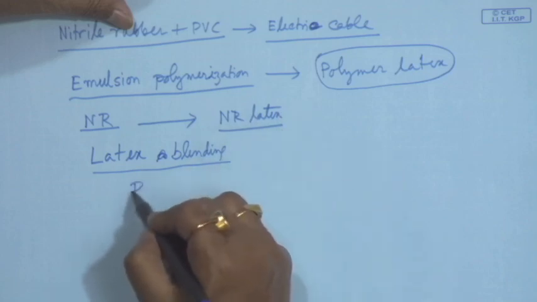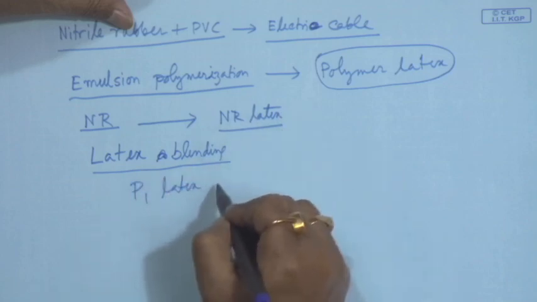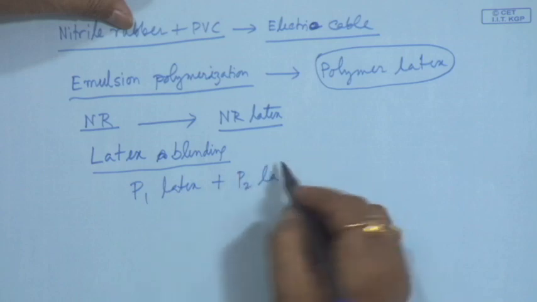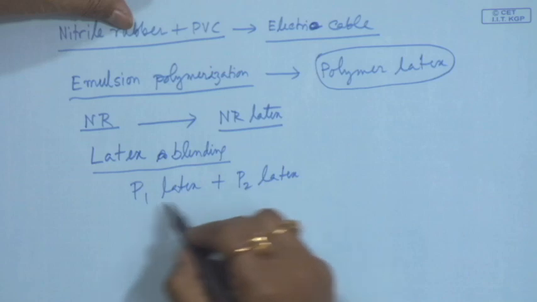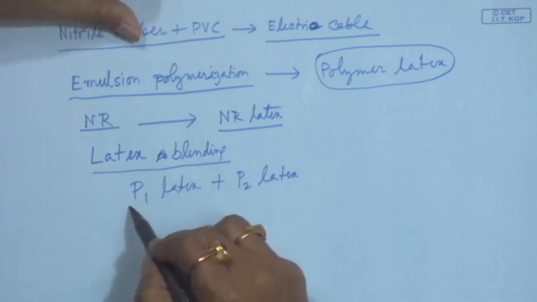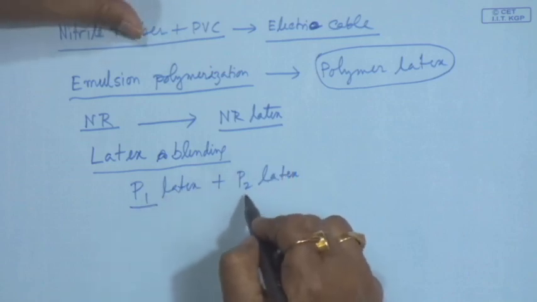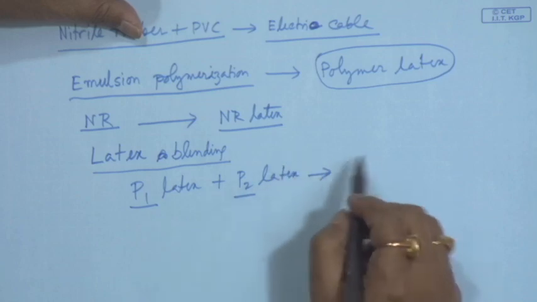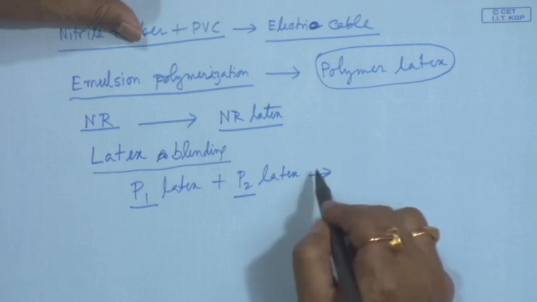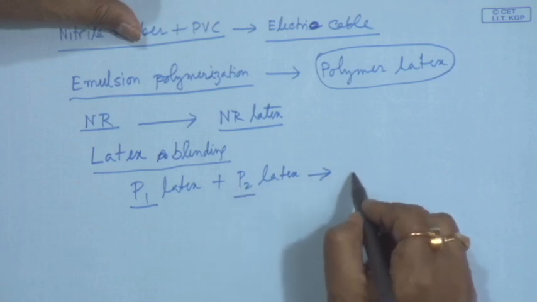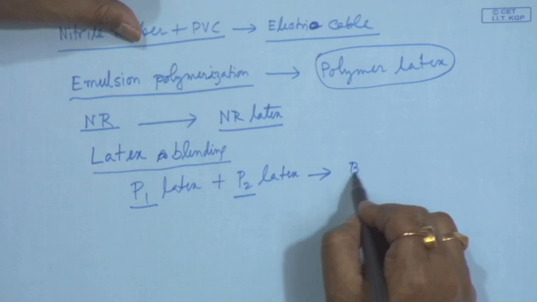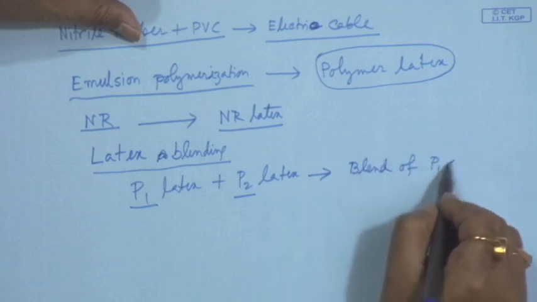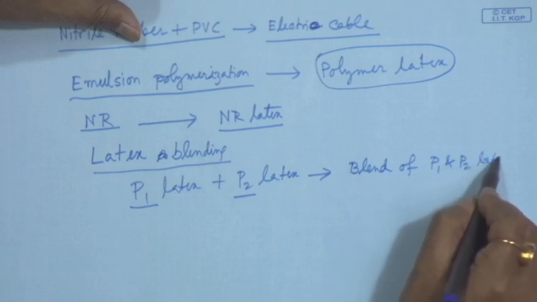That means we can have a P1 latex, and we can mix this P1 latex with the P2 latex. The emulsion of P1 polymer can be mixed with the emulsion of P2 polymer. Then after mixing in the latex stage, we can have a blend of P1 and P2 latex.